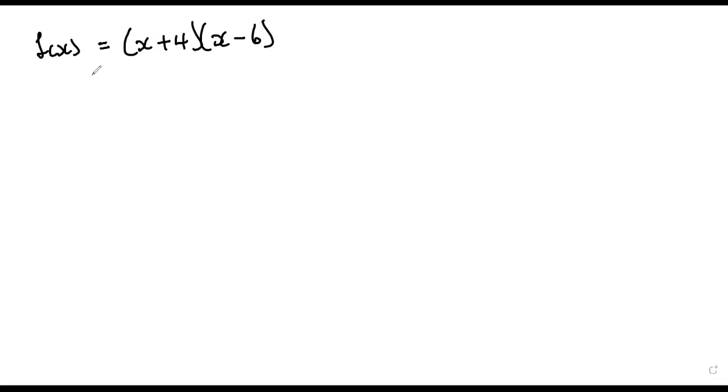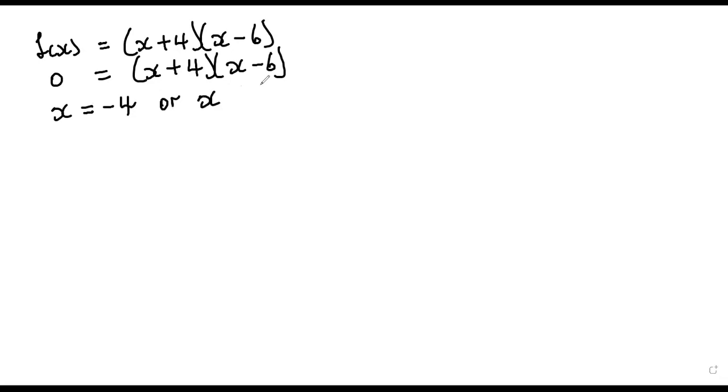So every time we need to find the x-intercepts, we must let y be 0, like that. Then from this point, we apply the zero factor law. So meaning x has to be -4 or x has to be +6.